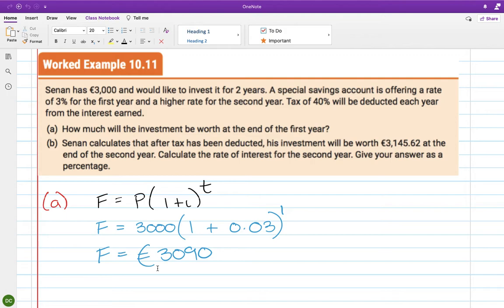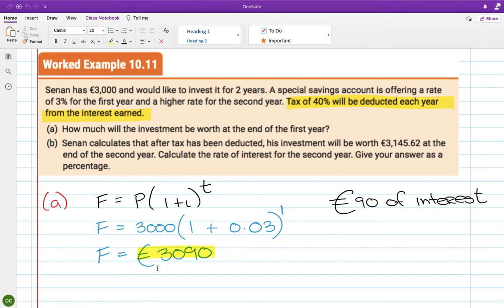Now that €3,090, given he started with 3,000, is €90 worth of interest that Senan made on this investment.